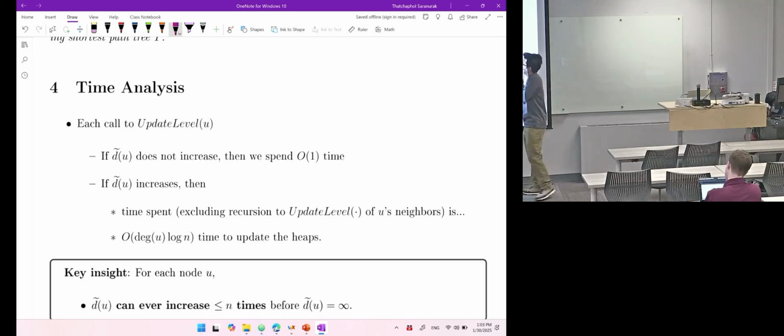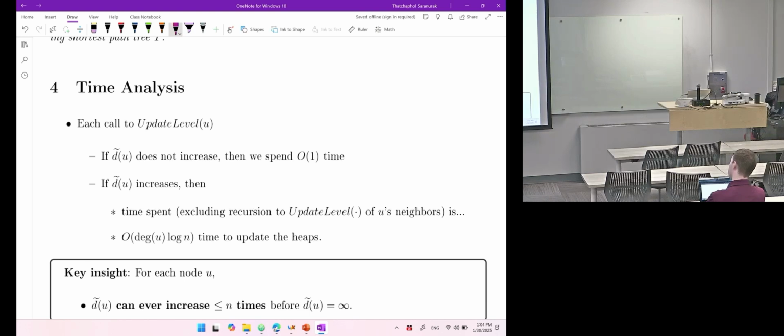When you call update level of U and you don't need to increase the level of U, for example, when you delete an edge incident to U between vertices of the same level, you just check the if condition and spend constant time.